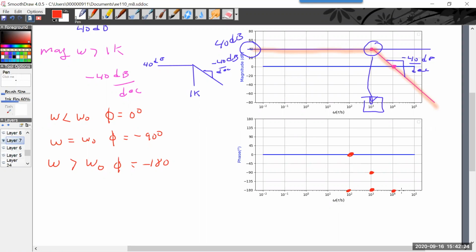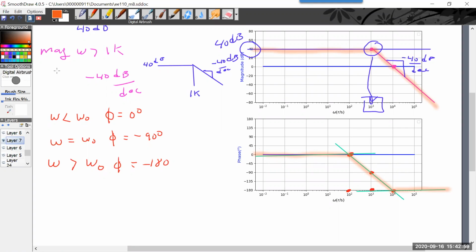And when we're 100 times greater than the pole, we're at minus 180. And there you have it.